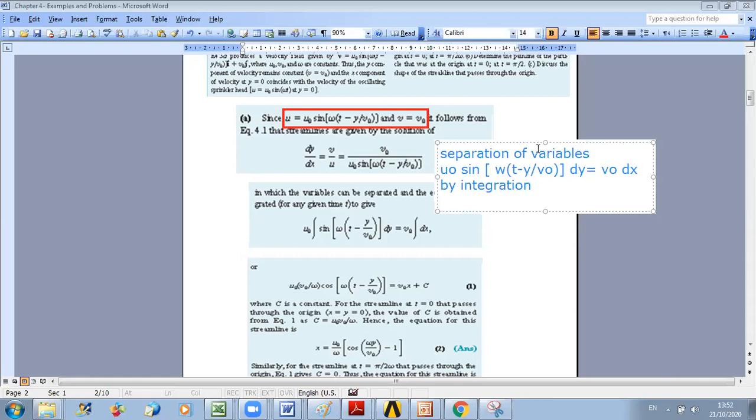But here, because you have a function of y, you have minus omega y over v0. You know that to perform the integration, you need to account for the derivative of this term. So from calculus, when you do integration, you should multiply by minus v0 over omega. This is why when you perform the integration, you will get u0 times, and as we said, integration of sine is minus cosine, but I multiply by minus v0 over omega, so I get plus v0 over omega.